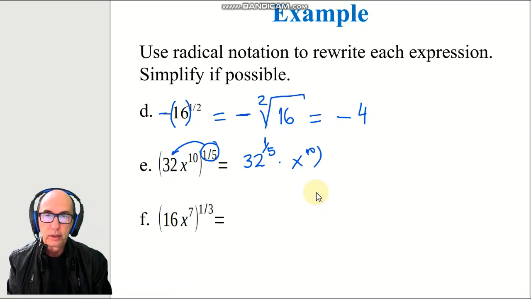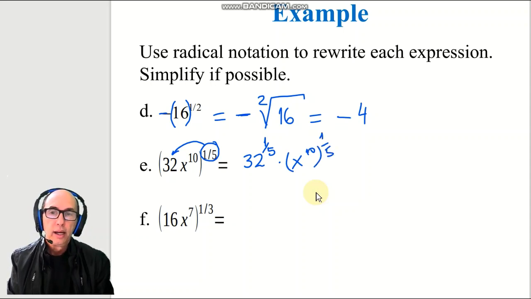Let's write right now like this, 1 over 5. And there's another property of exponents, the rule that we're going to use, that if you have a number to a power, to another power, you can multiply those two powers here.